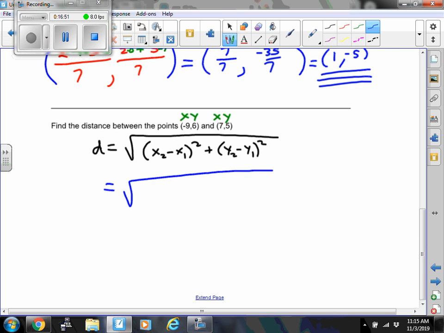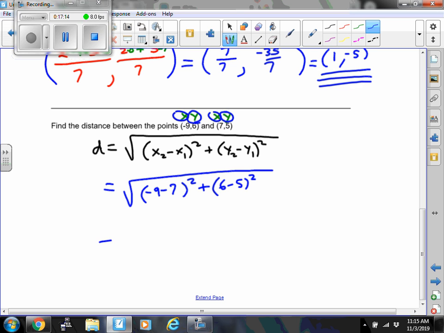Don't worry about the square root first. We're going to worry about the inside first, underneath. So I'm going to take my two x's and put those two together. So negative 9, and then subtract the other one, which is 7, plus, now I'm going to do my y's, 6 and 5. 6 take away 5, squared.